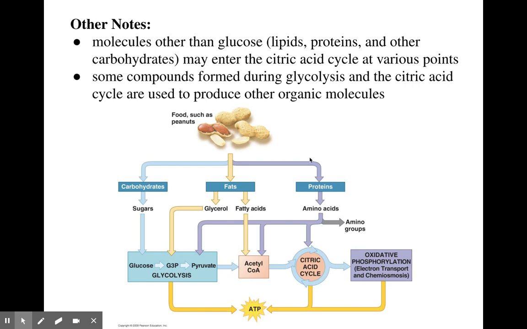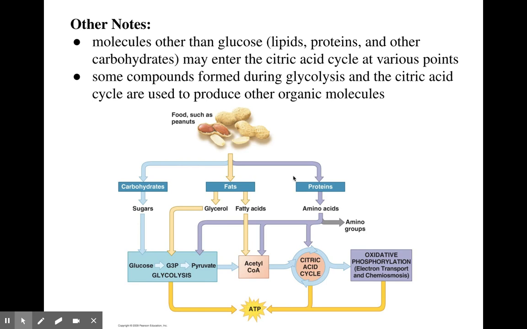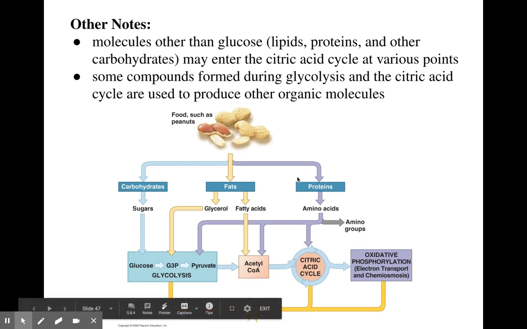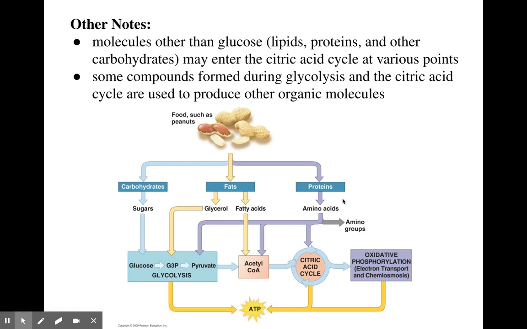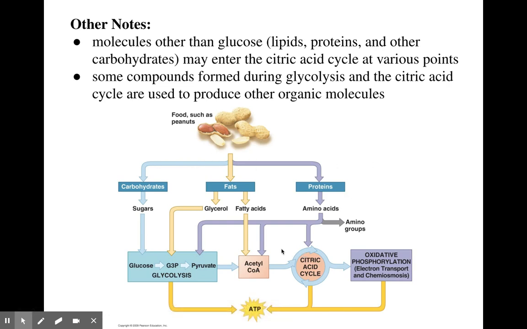So your body could then go to that fat and make ATP, or go to the proteins, which means it breaks down your muscle, which is very common when you are starving. Again, to make ATP and to keep you alive. So other things can make ATP, but your body always breaks down the sugar first. Only when it's out of sugar is it going to look for fats and proteins.